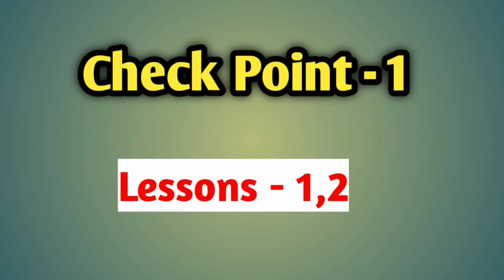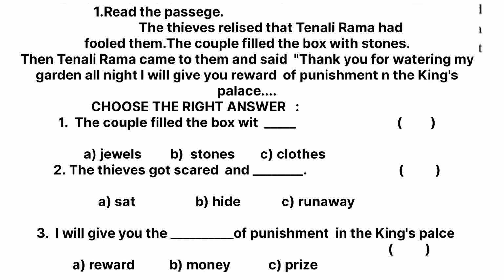Next, checkpoint. Lesson 1 and 2. Read the passage. The thieves realized that Tenali Rama had fooled them. Like this, a passage is given. Now you have to write. First one, the couple filled the box with answer B, stones.